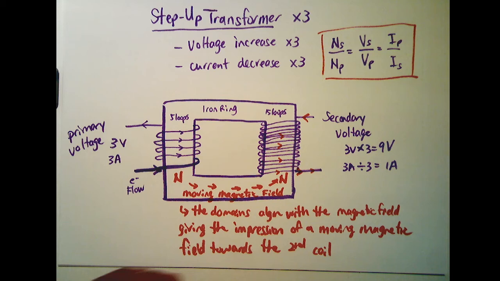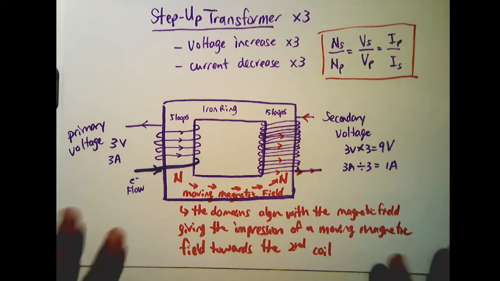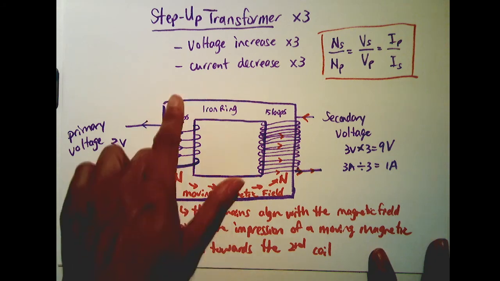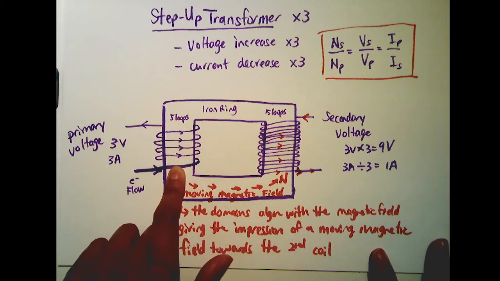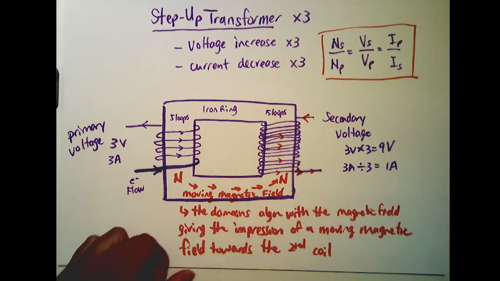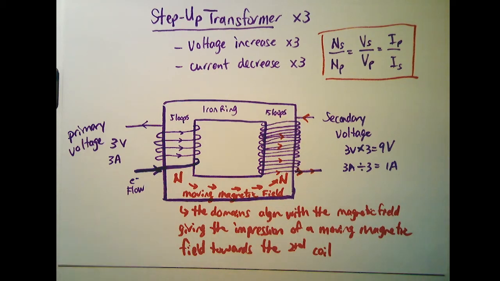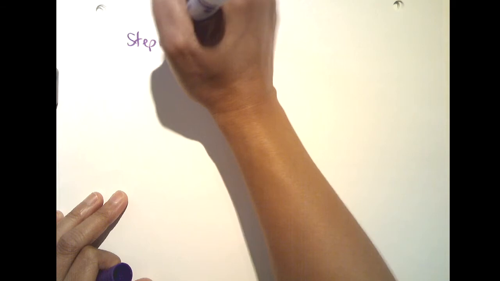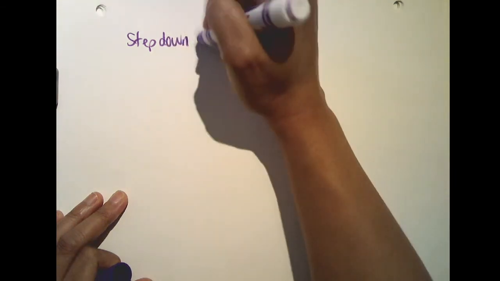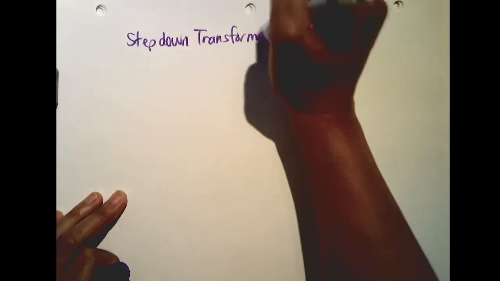Now, you can probably guess a step-down transformer is going to be different. A step-down transformer means you're going to have 15 loops in the primary coil and then 5 loops in the secondary coil, and you're going to make the voltage less, but the current more. Okay, so let's write that as a summary. So step-down transformer.